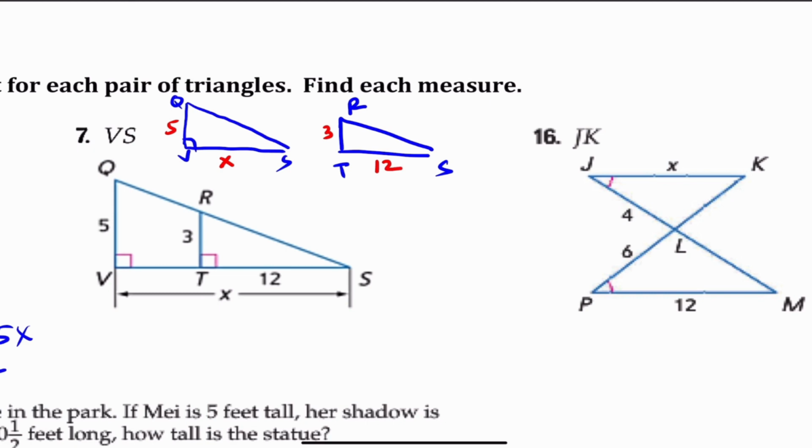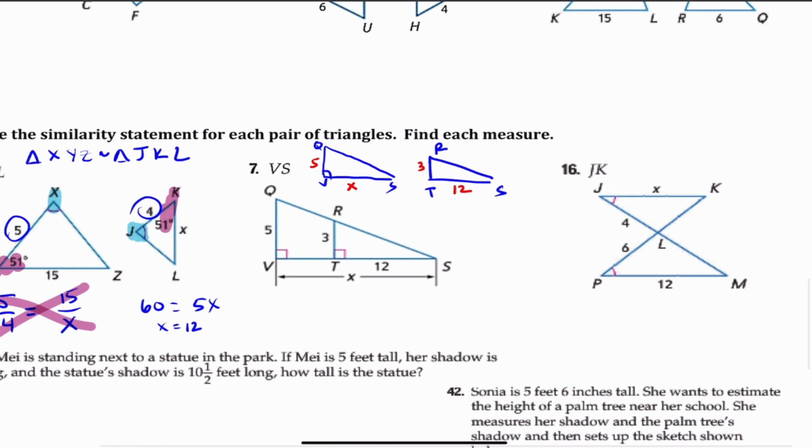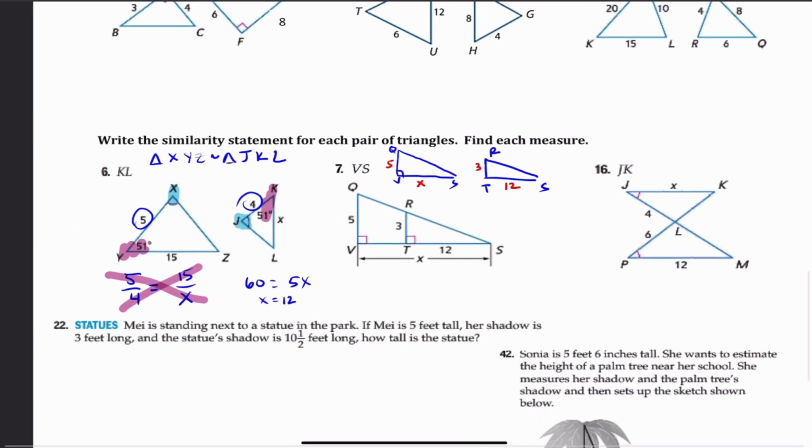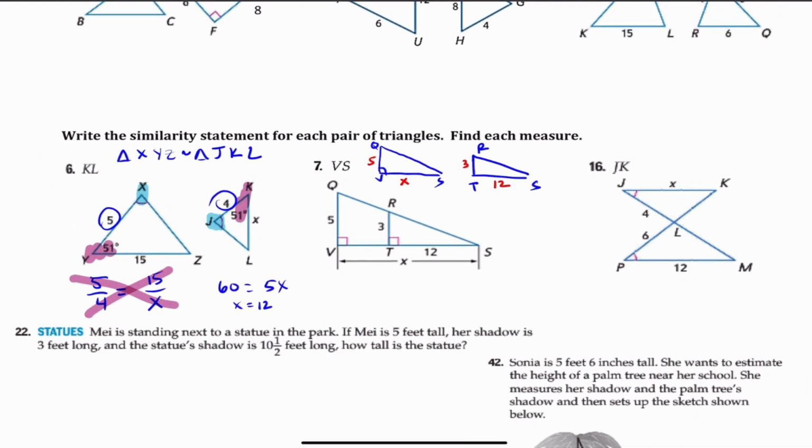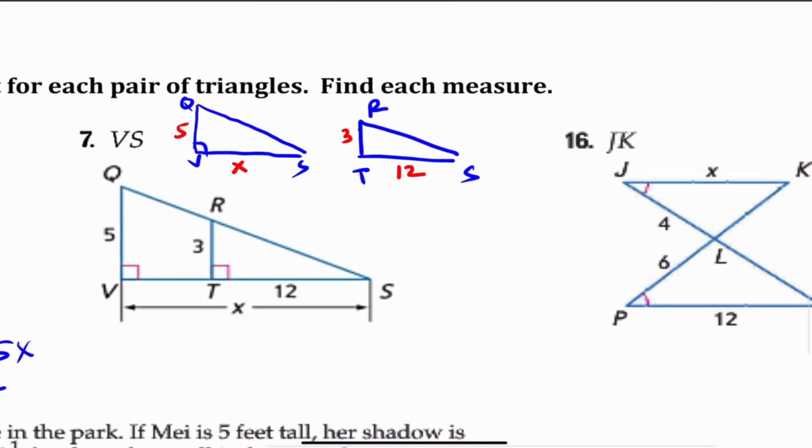So then, I can go ahead and create my proportion. If I want to find the measure of VS, which is just x, I'm going to say, okay, QV corresponds with RT. So it's 5 to 3.